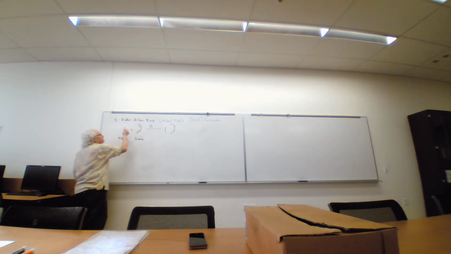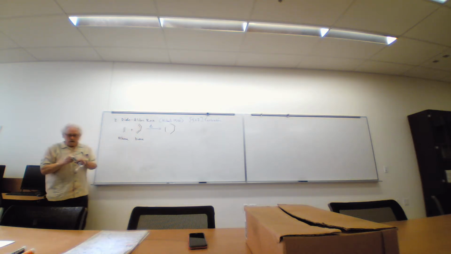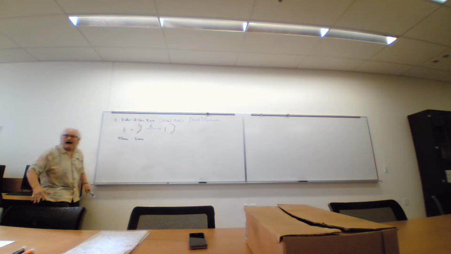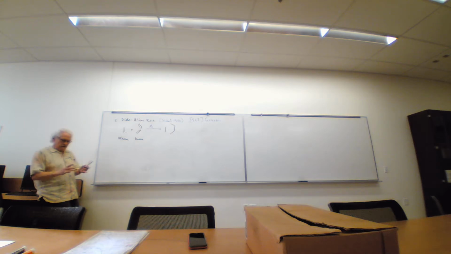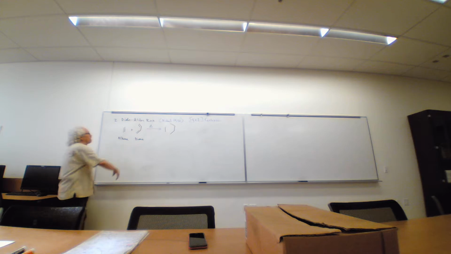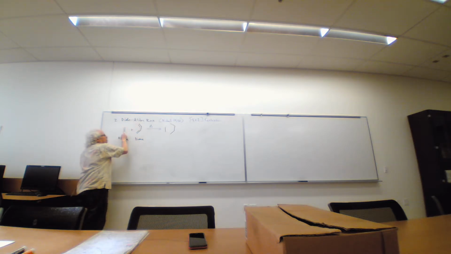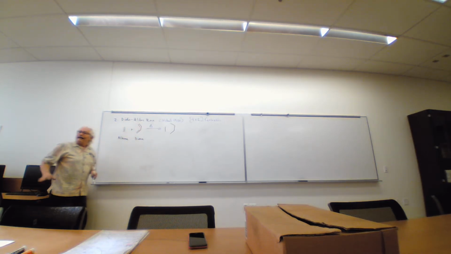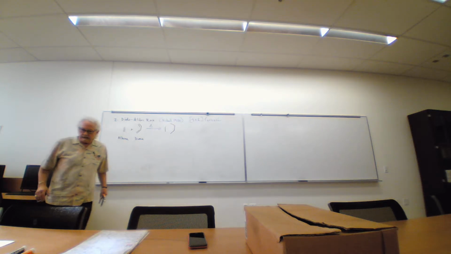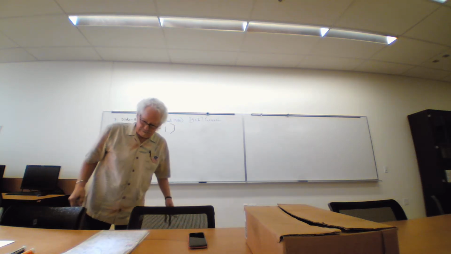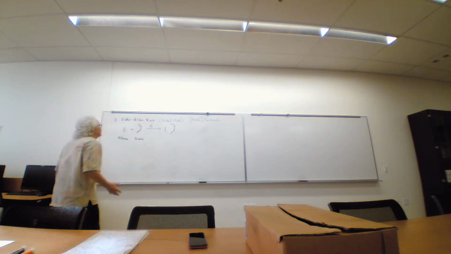You want to just memorize it? Just take this bond and put it there, and that bond and put it there, and that double bond. That's how I figured out the final product. But that's not the actual reaction. Okay.